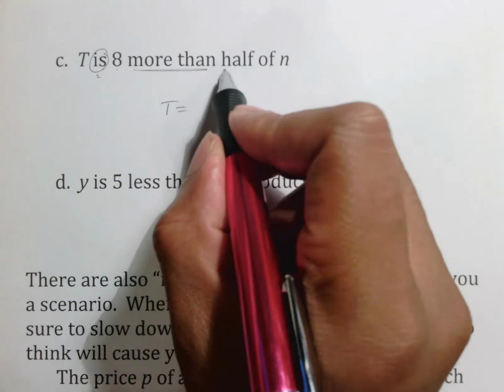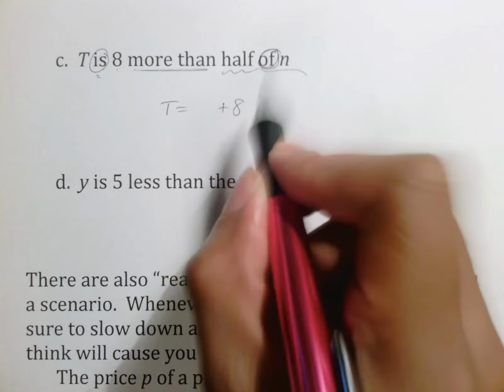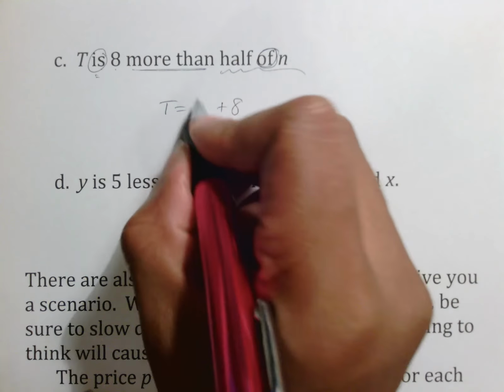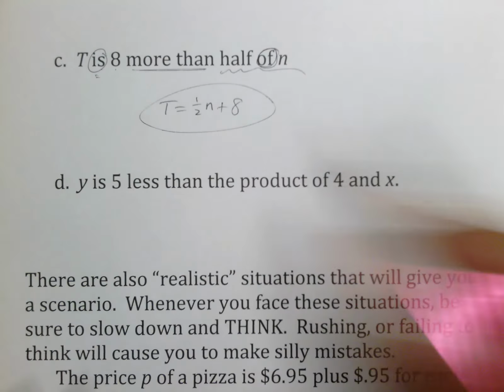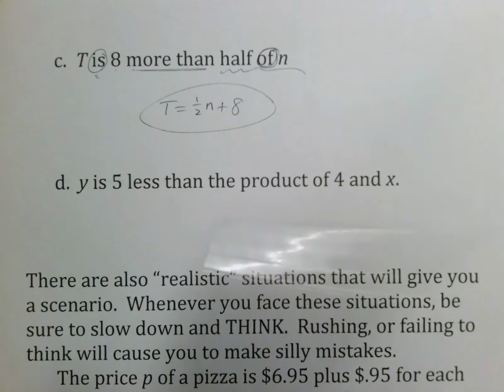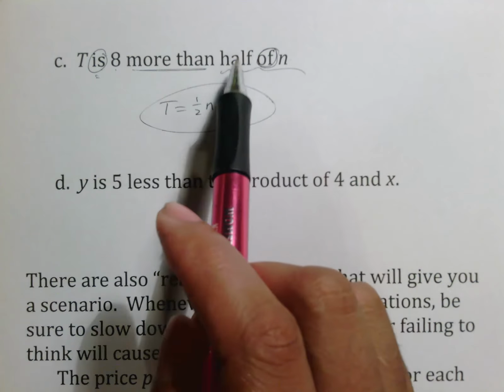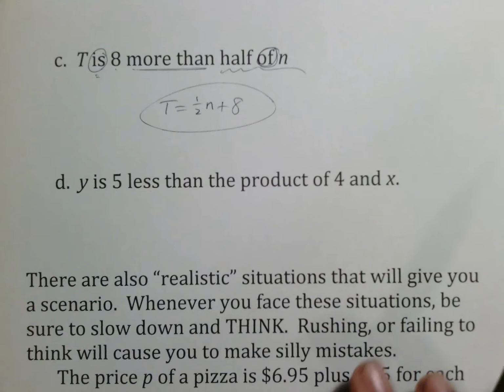Now we're talking half of N, and the word of means you're multiplying. So half of N means you would put 1/2 N plus 8 to represent T. You might need to practice this stuff a little bit like everything else, but these are the skills you're going to be using. Again, 8 more than half of N means take 1/2 times N and add 8 to it.